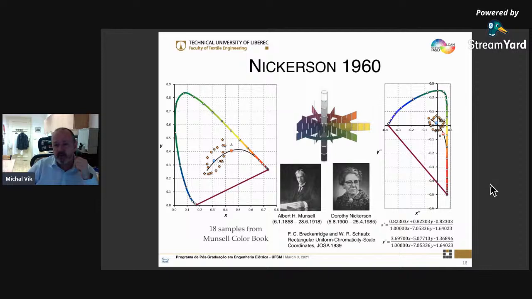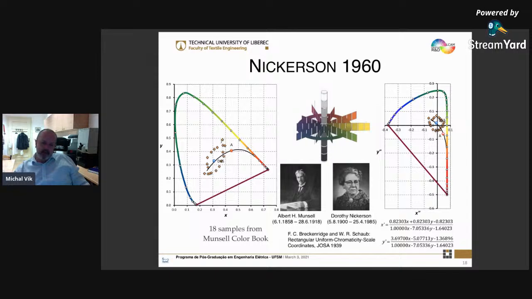It is interesting because you need to remember this year, before the CIE session, that at that time only this system was adopted as a uniform color scale, the rectangular color system. Why am I showing this? Because here you can see that 18 samples create almost a circle inside the chromaticity diagram.